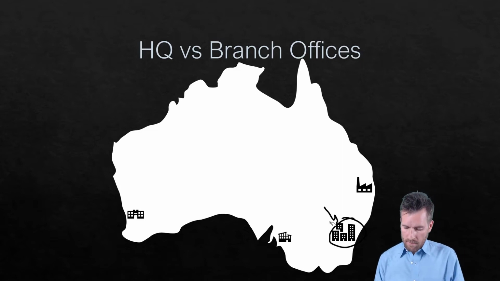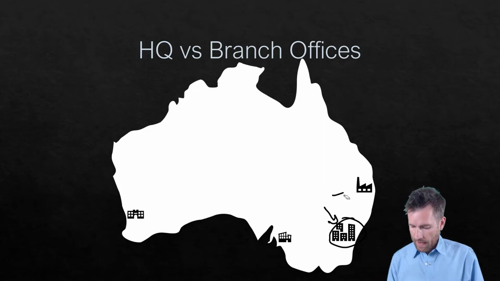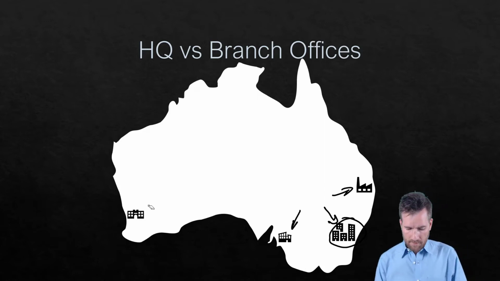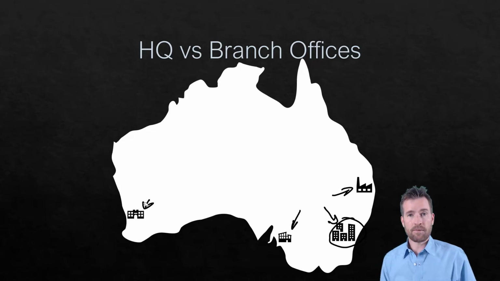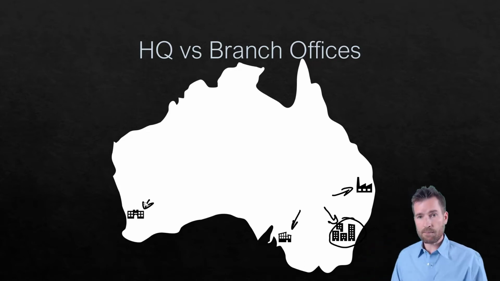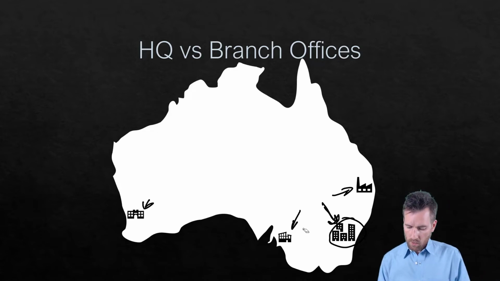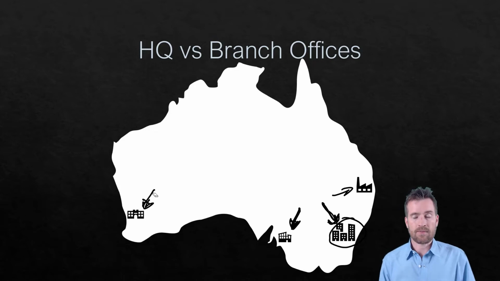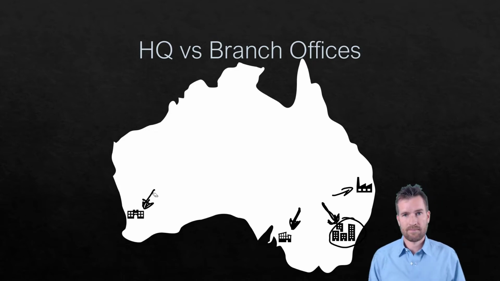So you have a main headquarters versus some sort of branch office. Here in Brisbane, we have a factory, or we have some other branch offices around the country. So in this example, we have a headquarters and then we have branch offices. The headquarters is the main administration, but then we have all of these other functions that happen at these different branch offices.